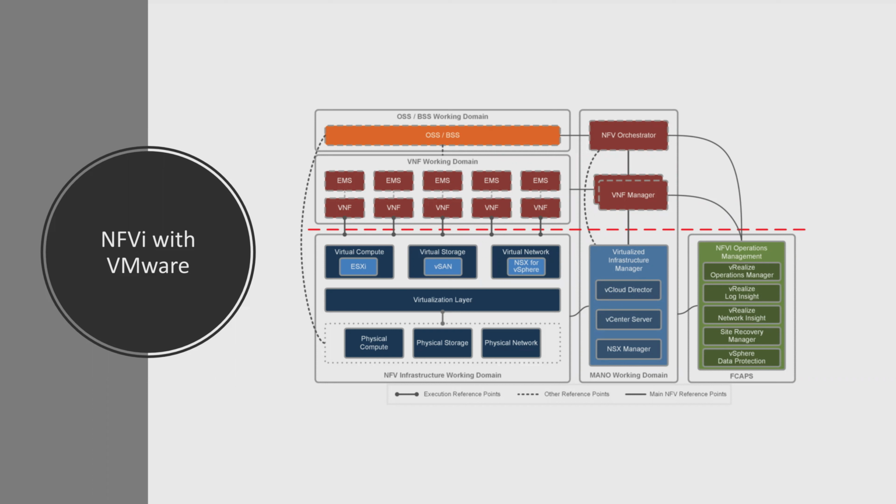From this virtualization layer you have virtual compute, that is your ESXi, virtual storage, vSAN, and virtual networking, that is NSX. Here it is mentioned as NSX for vSphere, but in the latest version we have NSX-T also. This picture will give a better example for that ETSI architecture.